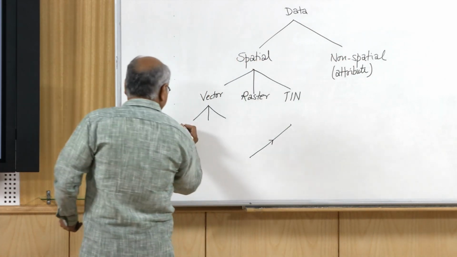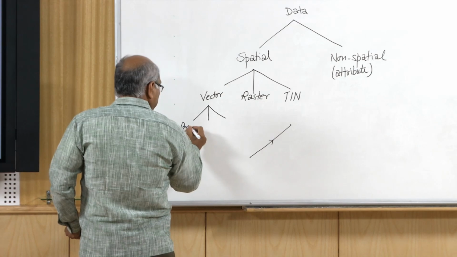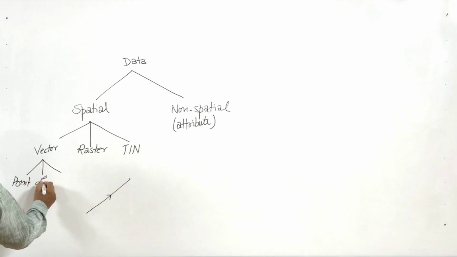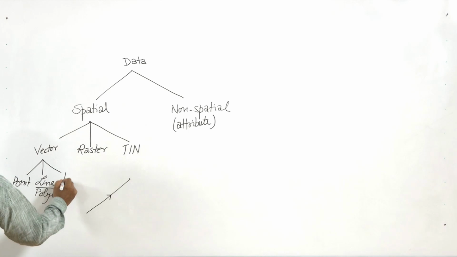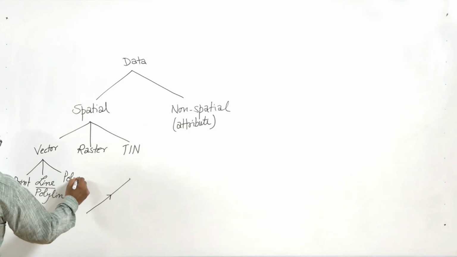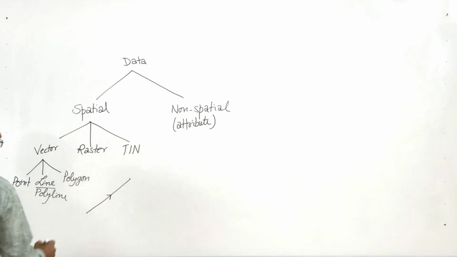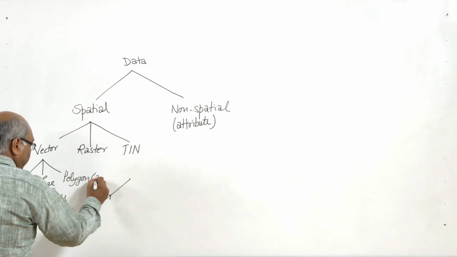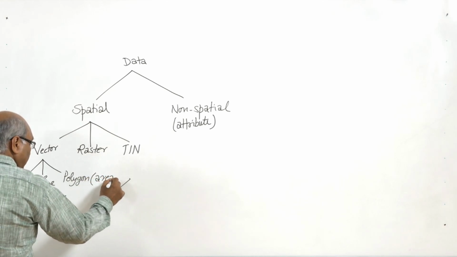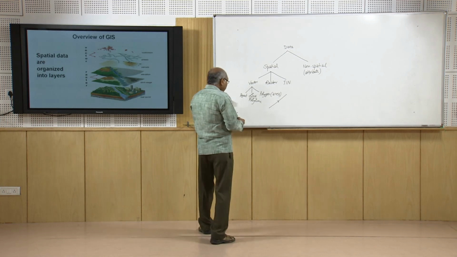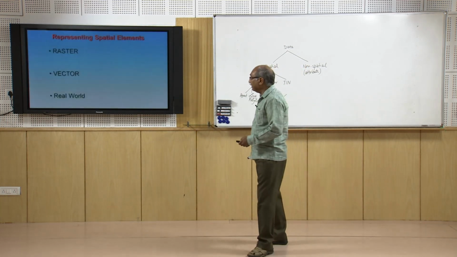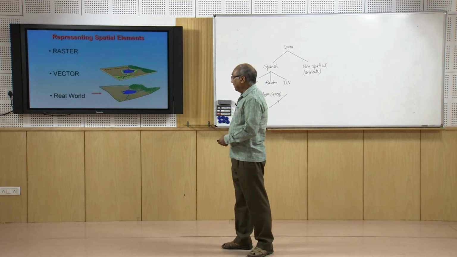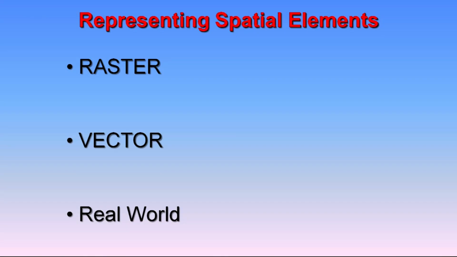The first one is the point, the second one is the line, or we also say polyline, and the last one is the polygon, or we can also write area. I will be defining all this very soon. Now a point is a zero dimensional entity, which we will see very quickly.